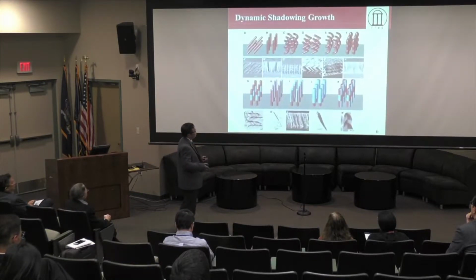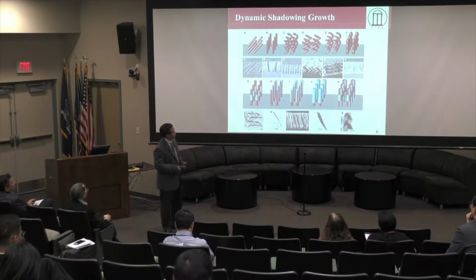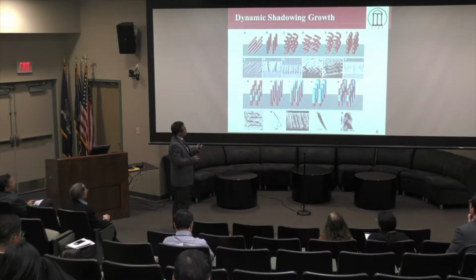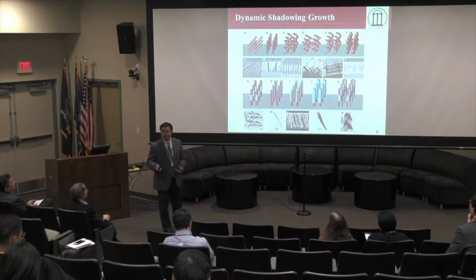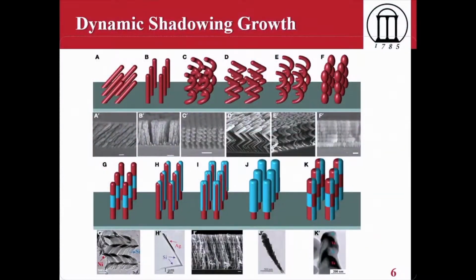During the past 20 years, when I worked with Professor Wang's group, and then after I came to UGA, we made a lot of different kinds of nanostructures using glancing angle deposition. For example, you can change the shape of the nanostructure. You can also do multilayer deposition so that you can get heterostructures. Also, you can do co-deposition, which we did not show over here, so you can form composite nanostructures this way.